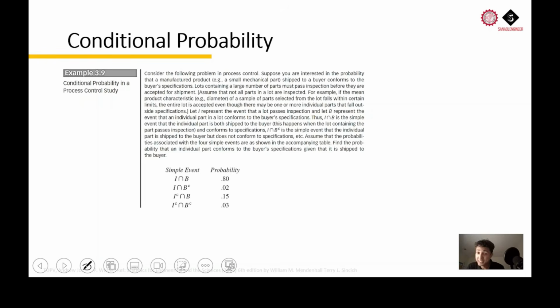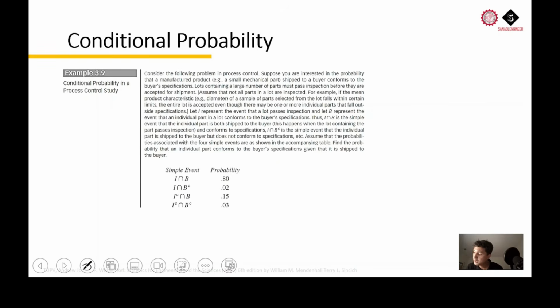Therefore, the intersection of I and B is the simple event that the individual part is both shipped to the buyer. This happens when the lot containing the part passes inspection and conforms to the specifications, while I intersection the complement of B is the simple event that the individual part is shipped to the buyer but does not conform to specifications, etc. Okay?